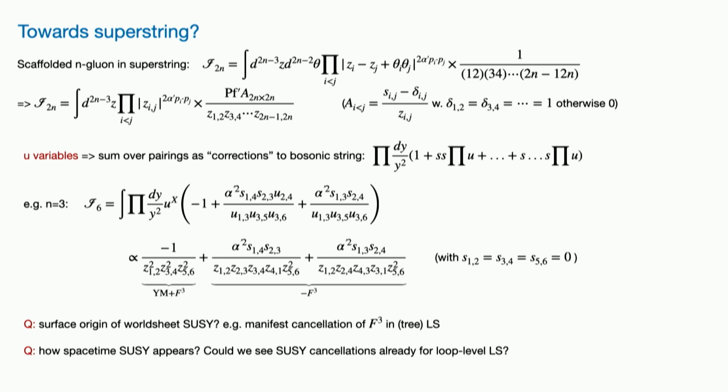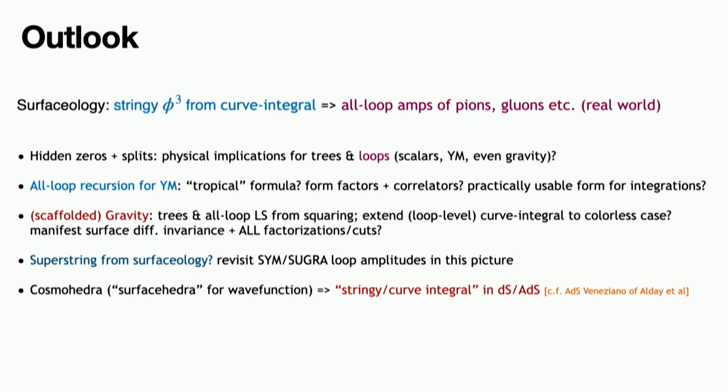Of course, we still don't know how to generalize this idea to all loop levels, for example, to see within the loop the SUSY cancellation as a correction to the dy over y squared bosonic string case. Since I'm almost out of time, I'll just summarize here by giving some outlooks.